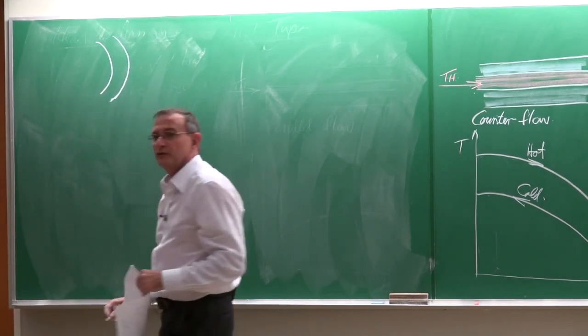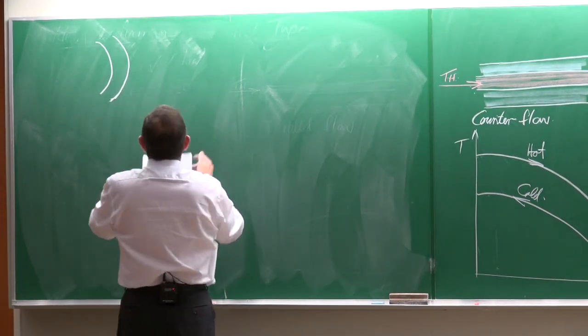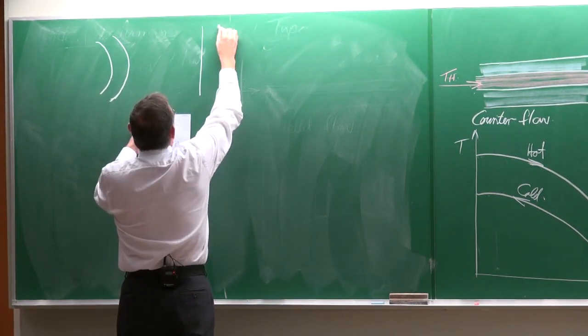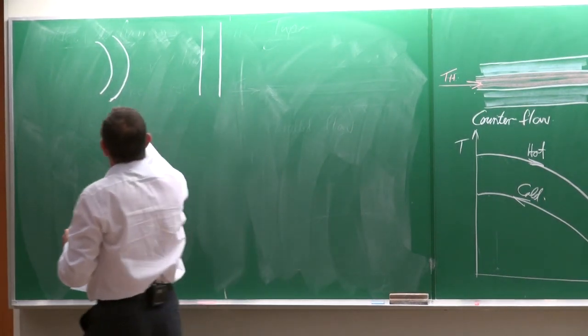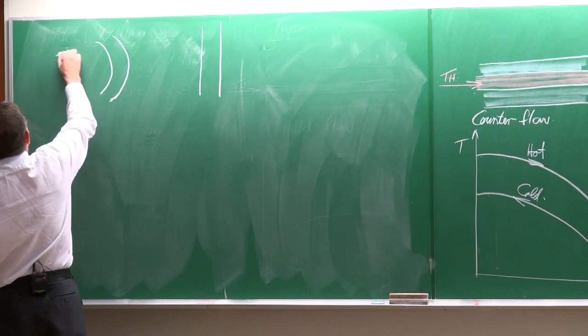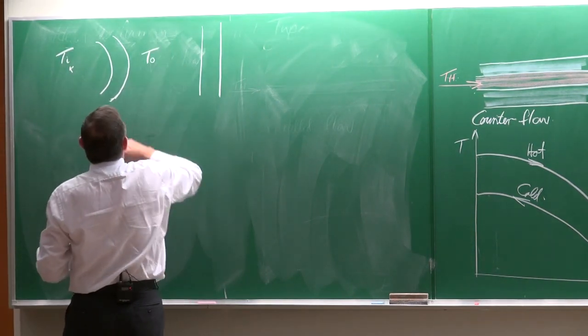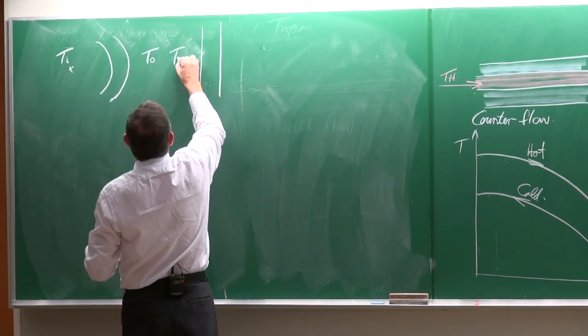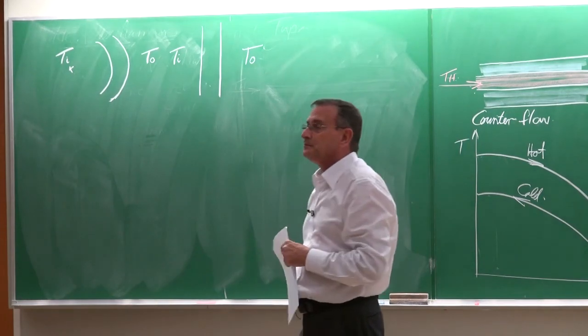Okay, so that's part of a circular tube, and that is the wall thickness. Or it can be a wall like this. Okay. And let's suppose that is the temperature on the inside, and that is the temperature on the outside. The same here, there's a temperature there on the inside, a temperature on the outside.